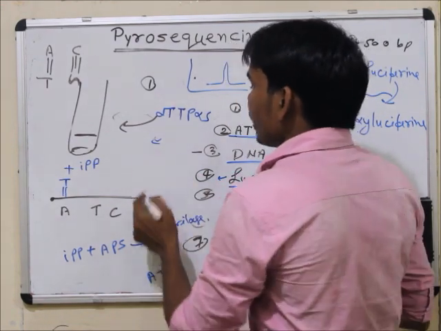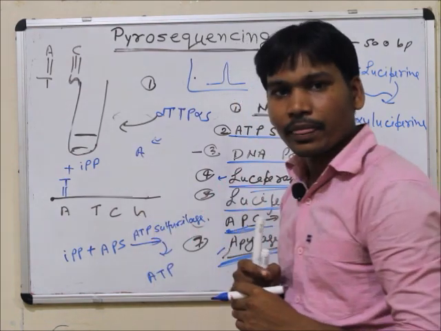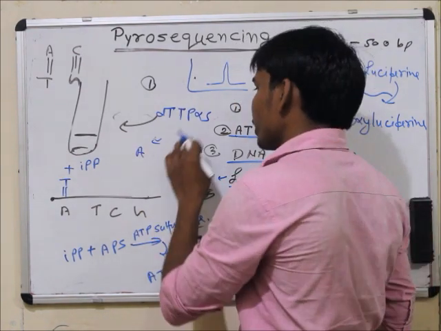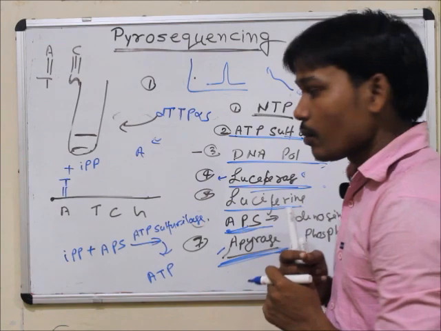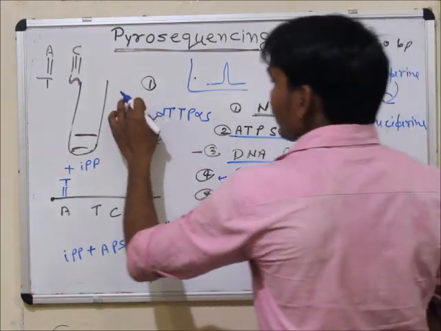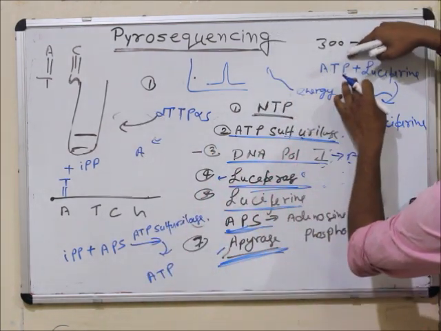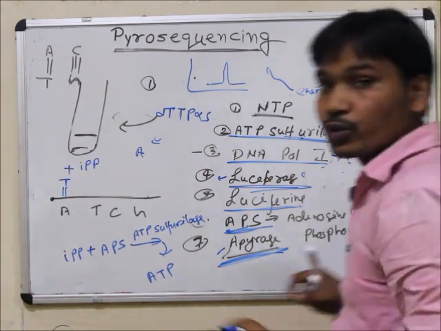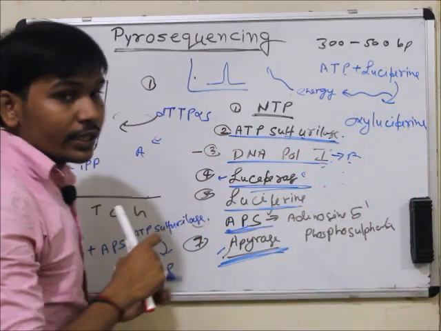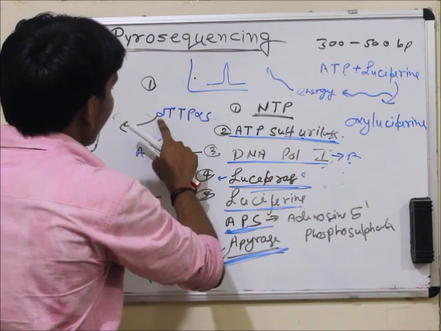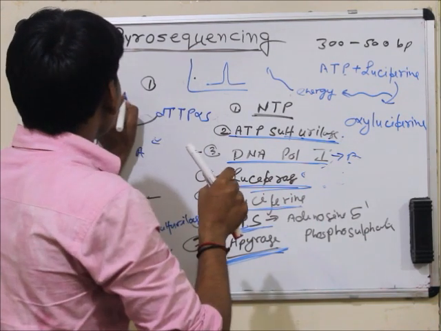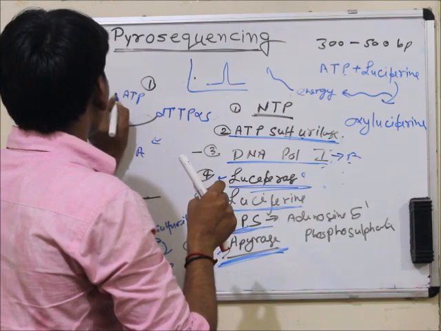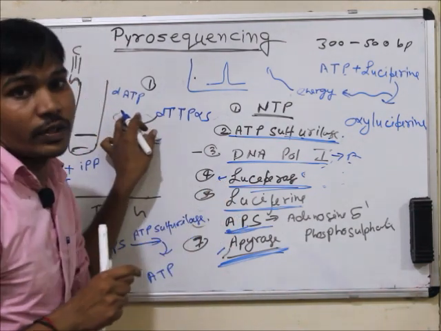Again, we add deoxyadenosine triphosphate alpha-S. What's converted? This is ATP. ATP plus luciferin is converted into oxyluciferin. So we cannot add it in the form of dideoxyadenosine triphosphate. Why?